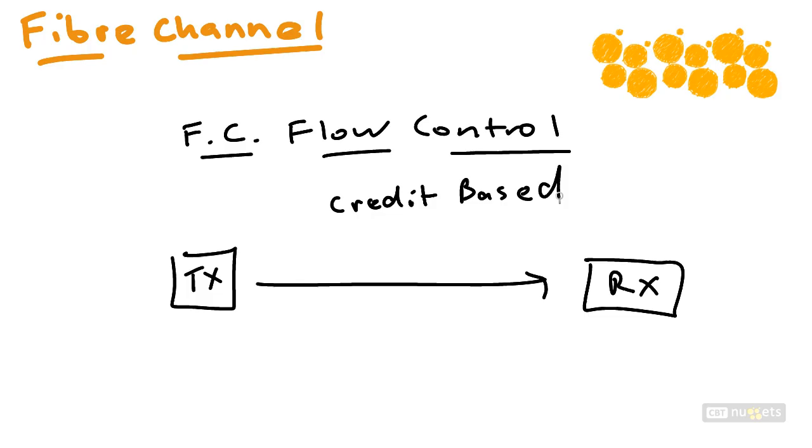What does this mean? It means that the receiver is always in control of this particular flow of information from the transmitter to the receiver. This eliminates the possibility of frames being lost due to things like buffer overruns, and it maximizes performance under very high load conditions in your storage area network.